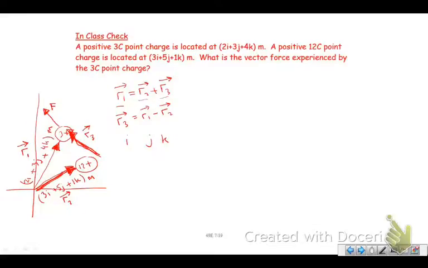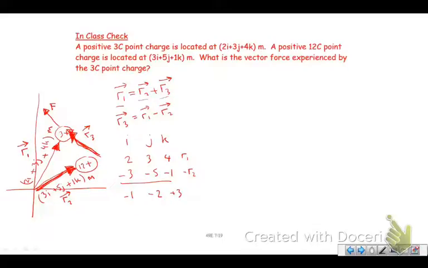IJK. So R1 is 2, 3, 4. And minus R2, minus 3, minus 5, minus 1. This is R1. This is minus R2. Add these two guys together. Minus 1, minus 2, plus 3.